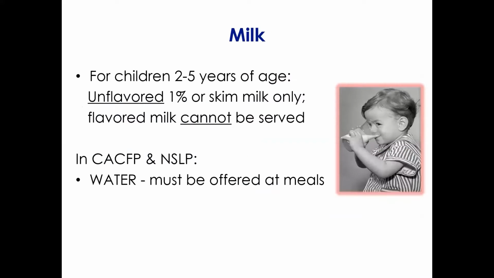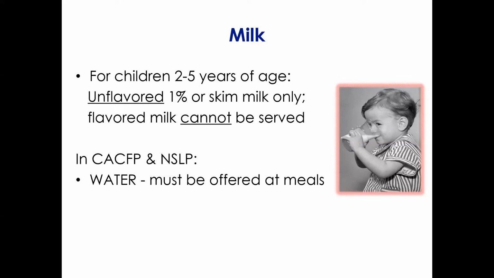So for milk, I know we talked a lot about those transitional meal pattern standards, and we saw in the National School Lunch Program that flavored milk could now be offered in 1%. But if you are following the CACFP meal pattern, only unflavored, either low-fat 1% or skim milk would be allowed.